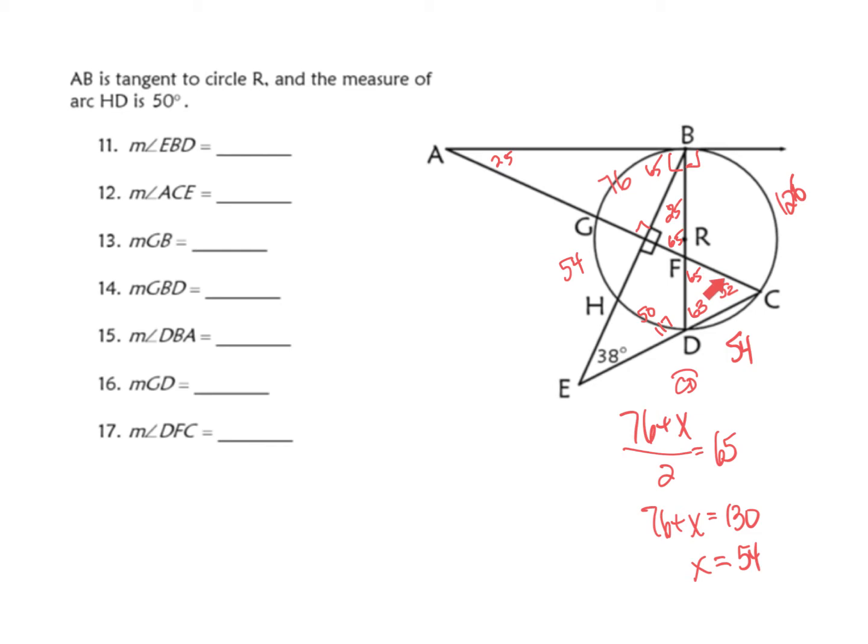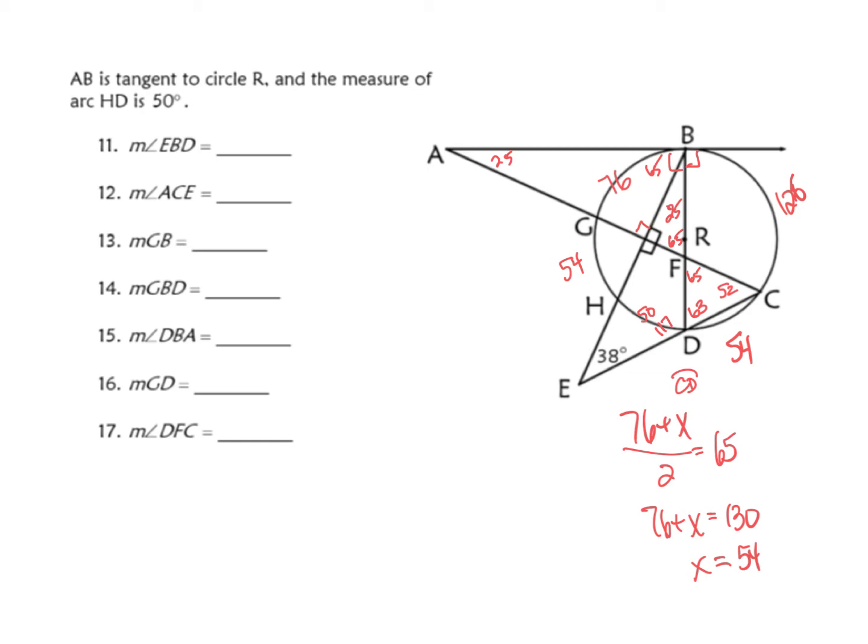We have that outside angle. I used inside angles here. This here is an inscribed angle, this 63, so that's another way I could have gotten this 126. And then I could have used my semicircle: take 180, subtract 126 to get 54. So a lot of these, there's more than one way to get them.